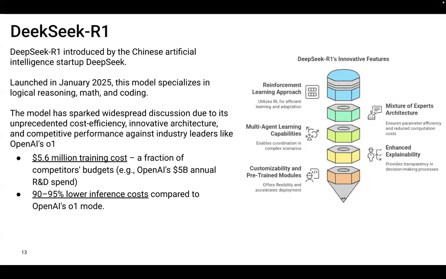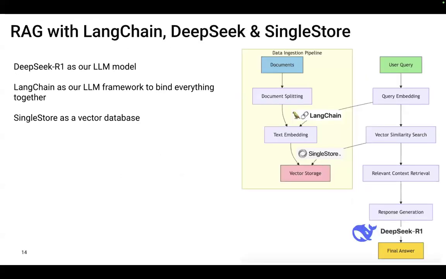DeepSeek R1 was introduced by a Chinese artificial intelligence startup, DeepSeek, and it is really good at reasoning, math and coding. So we're going to see that. And this is a simple tutorial, RAG with LangChain, DeepSeek R1, and SingleStore. As you can see, we have a document. The document gets split, and we generate text embeddings and store all those embeddings in a vector store like SingleStore.